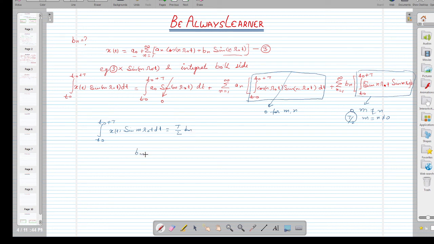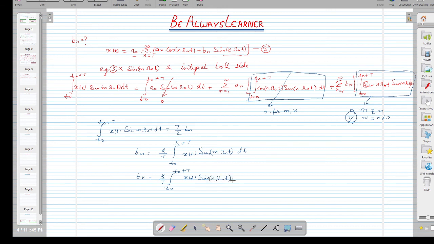So the value of Bm will be 2 by T integration from t naught to t naught plus capital T x(t) sine of m omega naught t dt. So that's how we can calculate the Fourier coefficient Bn, which is equal to 2 by T integration t naught to t naught plus capital T x(t) sine of n omega naught t.